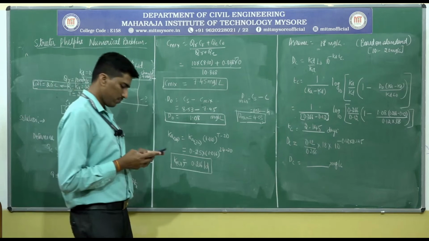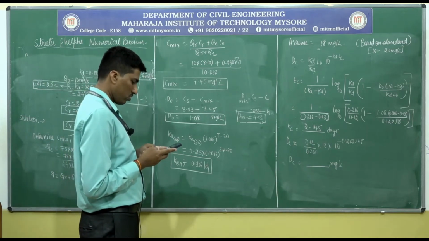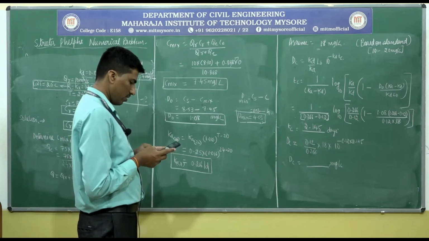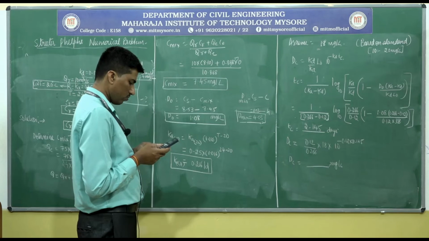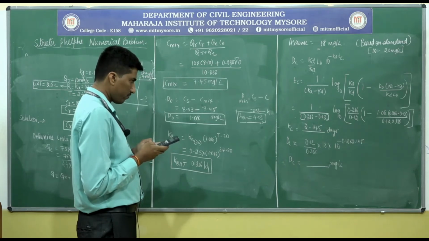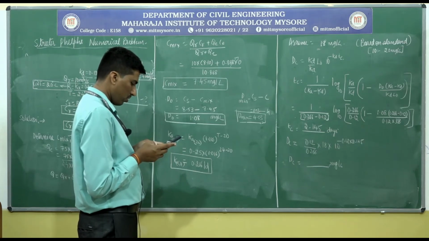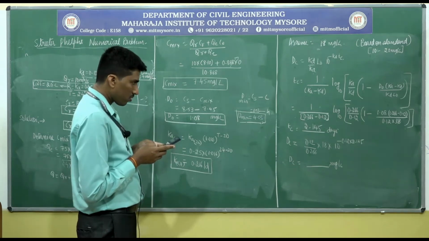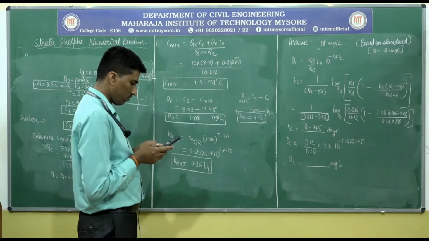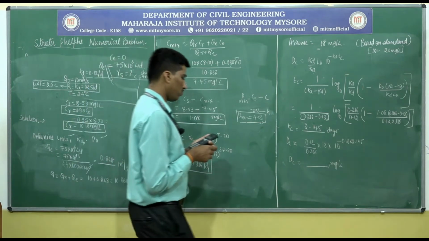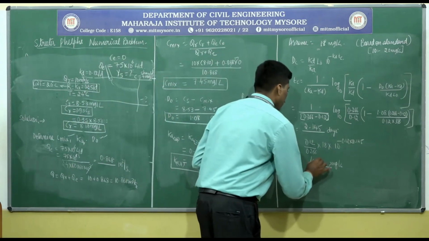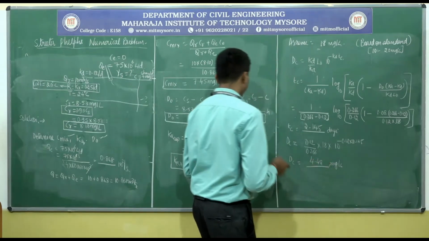The DC, that is 0.12 into 18 divided by 0.266 into 10 raised to minus 0.12 into 2.145. It gives you 4.489.